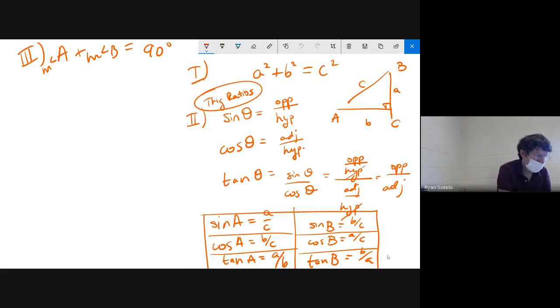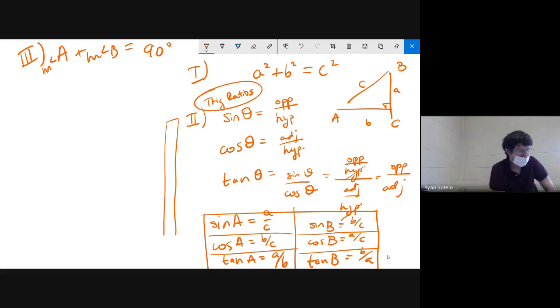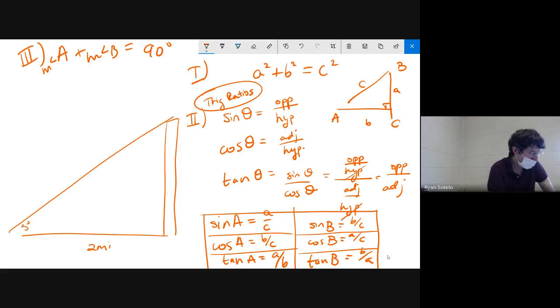So if I have a building and I'm 2 miles away, the angle of elevation is, if you tilt your head to look up, and they're saying it's about 3 degrees. When you're 2 miles away, I kind of did too big of a building here. But this is called the angle of elevation.